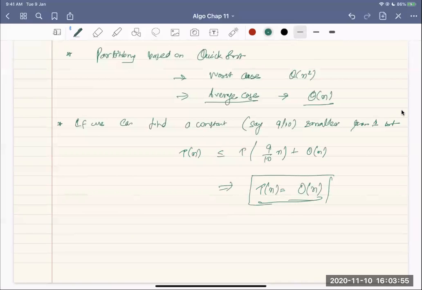It's only when we can't find a constant, when we say T(n) is T(n-1) plus O(n) or T(n-k) plus O(n), that we get O(n square). But if we can ensure this particular constant, then we can get T(n) as O(n). And that would help us in getting a worst case linear time algorithm.